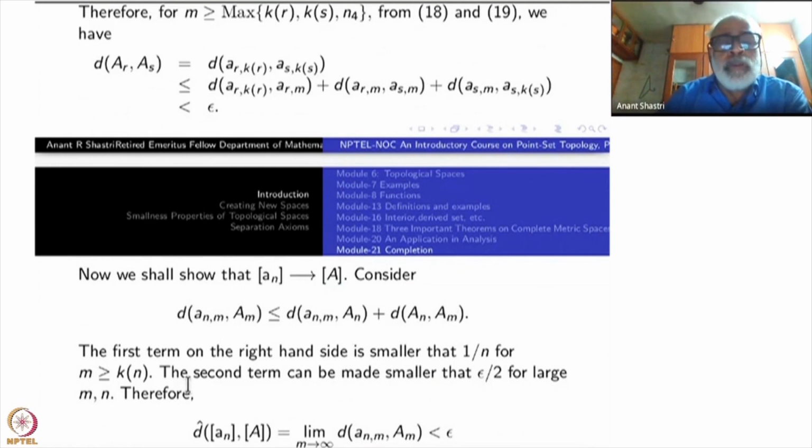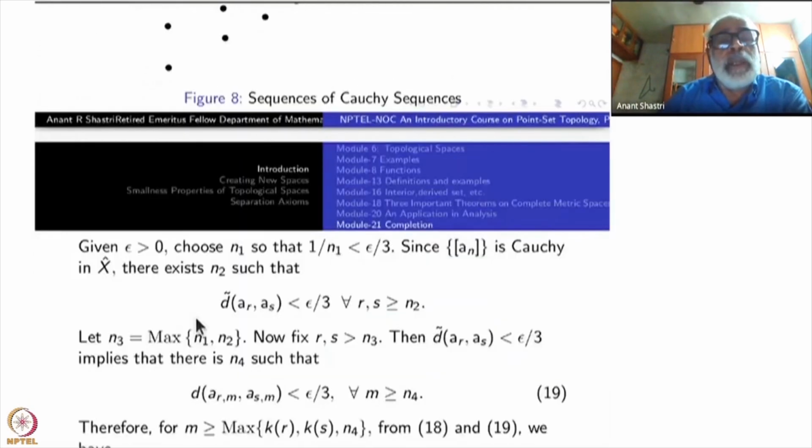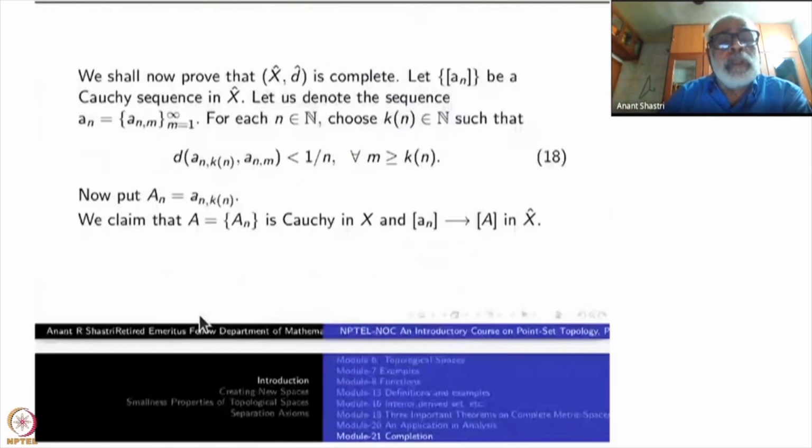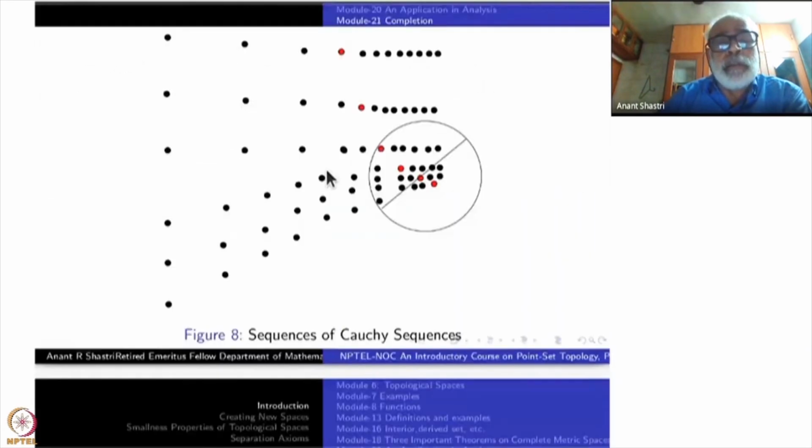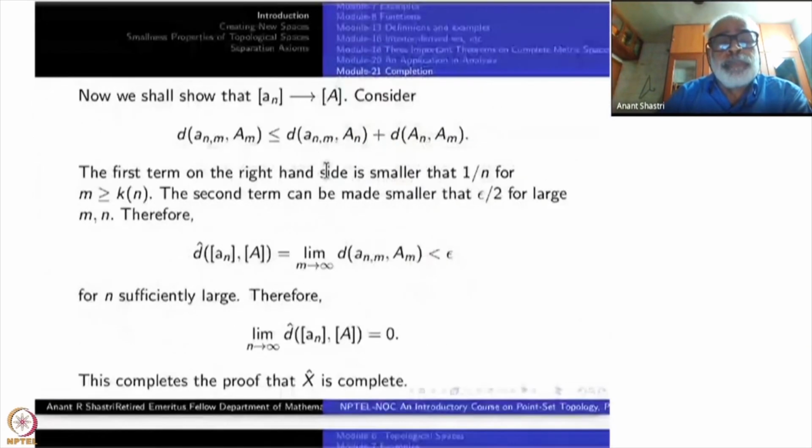Now the first term on the right hand side is less than 1 by n for m bigger than kn. This kn was chosen such that, look at this very first choice, AN, kn, AN,M is less than 1 by n. So I am applying it here. As soon as m is bigger than kn, this term is less than 1 by n.